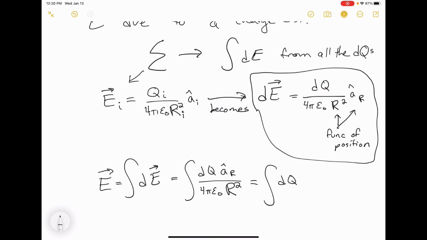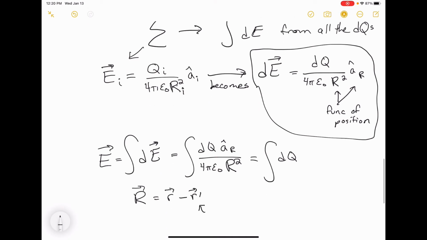So we've got dq still. And remember that big R, the vector, is the observation point, R minus R prime, where R prime sweeps over the source region where your charge distribution actually is.